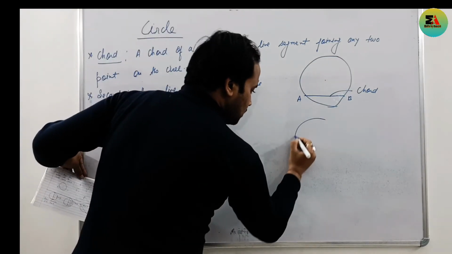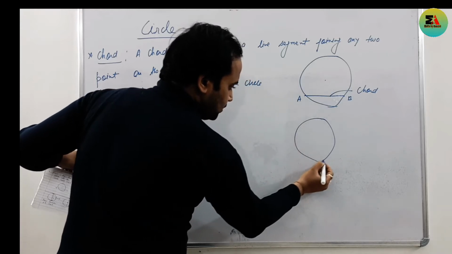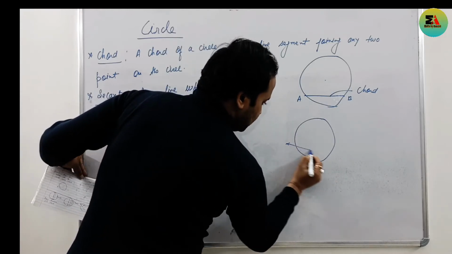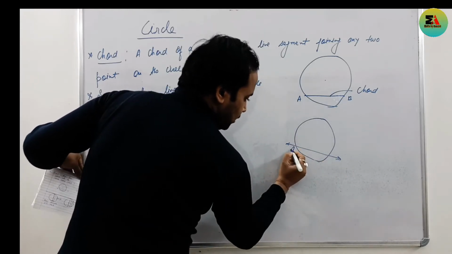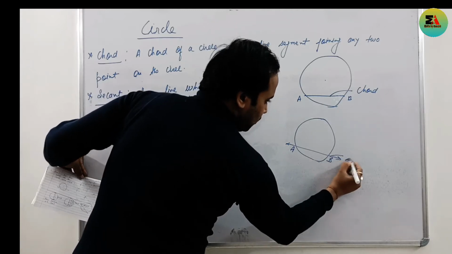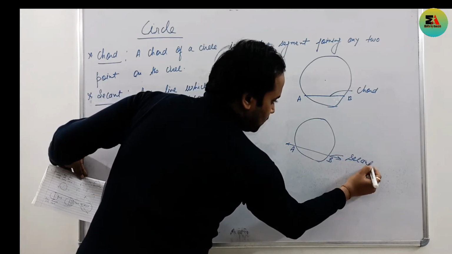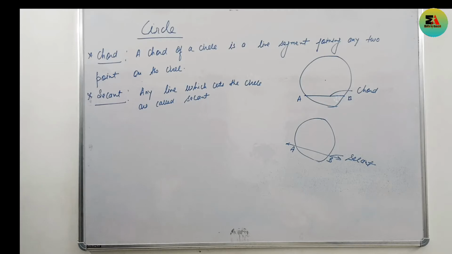Suppose we have a circle and this line cuts the circle at 2 points. This is known as a secant. Clear?